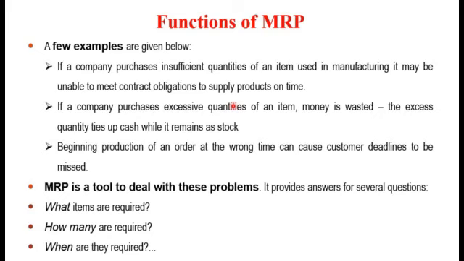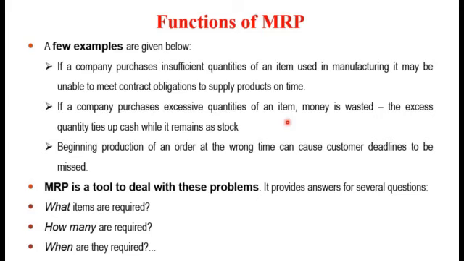If a company purchases excessive quantities of items, money is wasted. If excessive orders are placed or quantities are purchased, it increases the stock or inventory, and money is wasted in the stock.